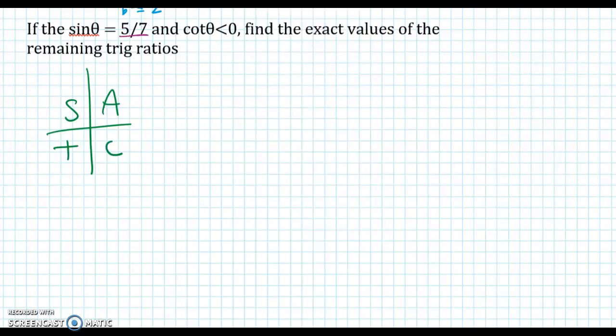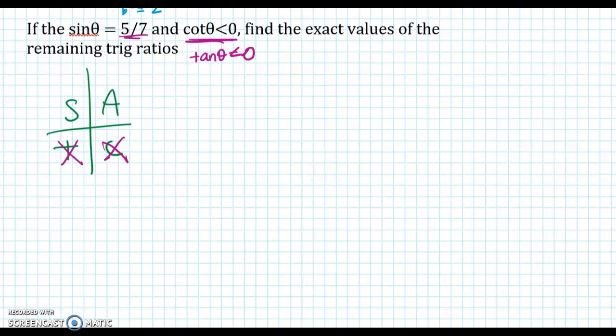So first, the sine is 5 over 7. The sine is positive. That's all I really care about right now, is that the sine is positive. So it's not here, and it's not here, because the sine is positive in quadrants 2 and 1. And then the cotangent is less than 0. Well, if the cotangent is less than 0, then the tangent will also be less than 0.